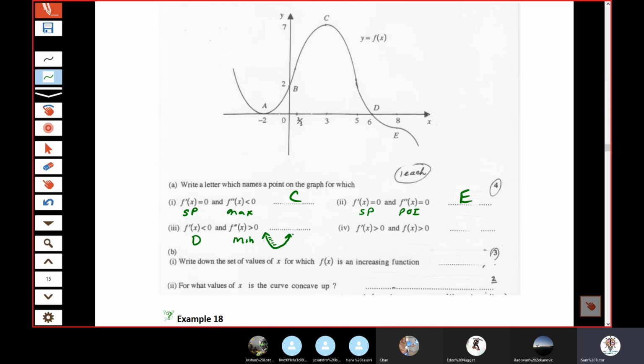Oh, it's not A, it is B. It's not A. A is what specifically? A stationary point. It's a minimum stationary point. It's actually D. The sneaky guys. Can you see it? Yeah. It's a minimum, right? And it's decreasing. Yeah. There's always going to be one sneaky one, isn't there?